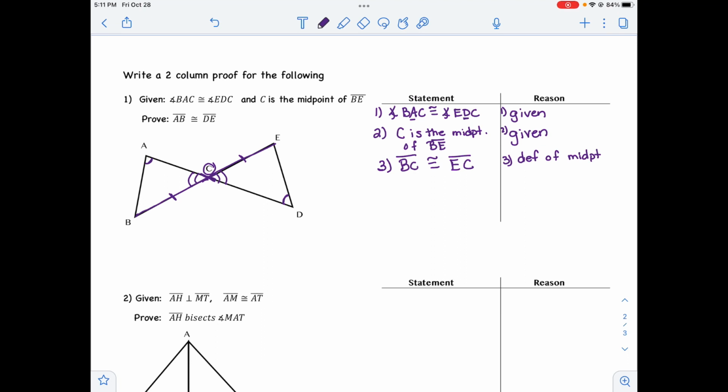I'm going to start with A. So I know that for 4, I have angle ACB, C being in the middle, is congruent to, and I got to think about what is congruent to A. Well, it had one arc, and D has one arc, so I know that D is going to go first. C has to go in the middle, and then E at the end. So it is angle ACB is congruent to angle DCE because they are vertical angles.